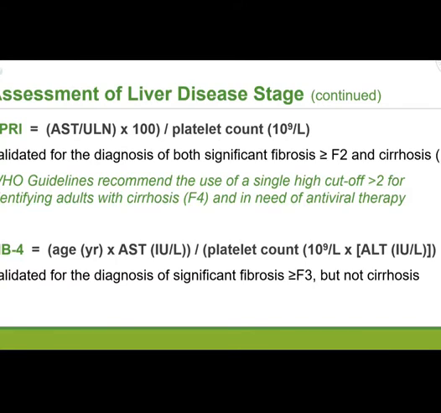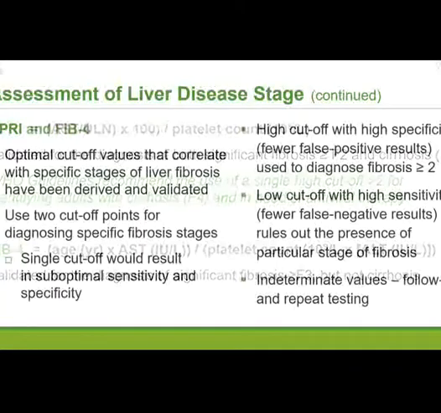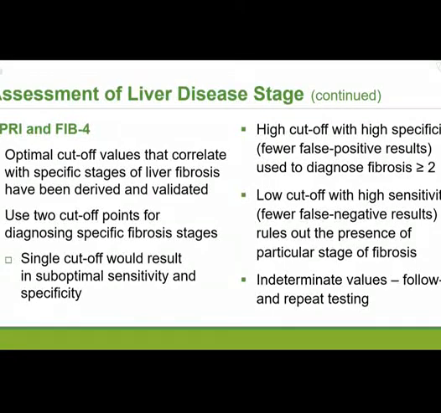FIB4 is age in years multiplied by AST divided by the platelet count multiplied by the square root of ALT. It is validated for the diagnosis of significant fibrosis greater than F3 but not cirrhosis. So it has got a cutoff less than 1.45, which is negative predictive value for the advanced liver fibrosis, and greater than 3.25, a predictor for advanced fibrosis.